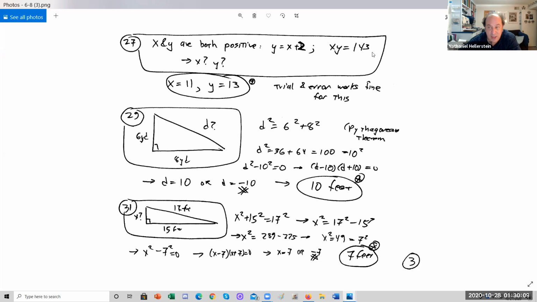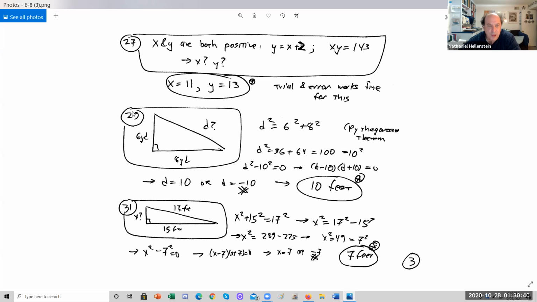If you try to solve it by quadratics, you wind up going through the same trial and error process that you might as well do by plugging in values for x and y. 11 and 13 work fine, and that's all you really need to know for this one. I could have turned this into x times x plus 2 equals 143, so x squared plus 2x minus 143 is 0, and so on. I wind up going through the same search process, so it's not really that clever.